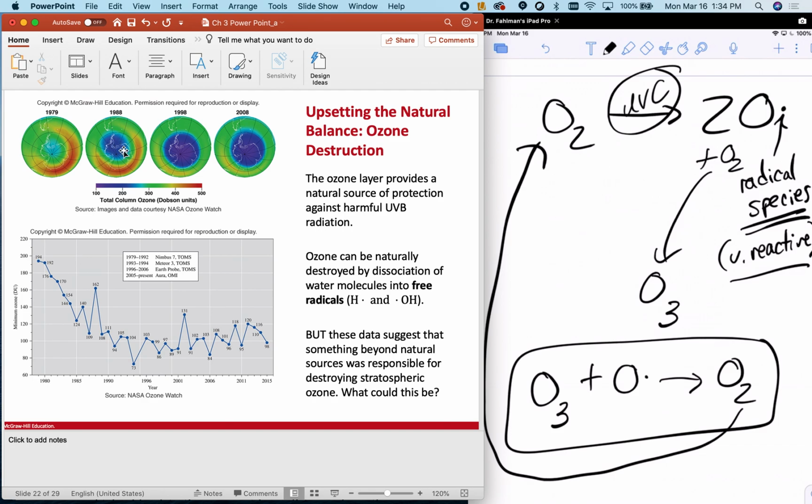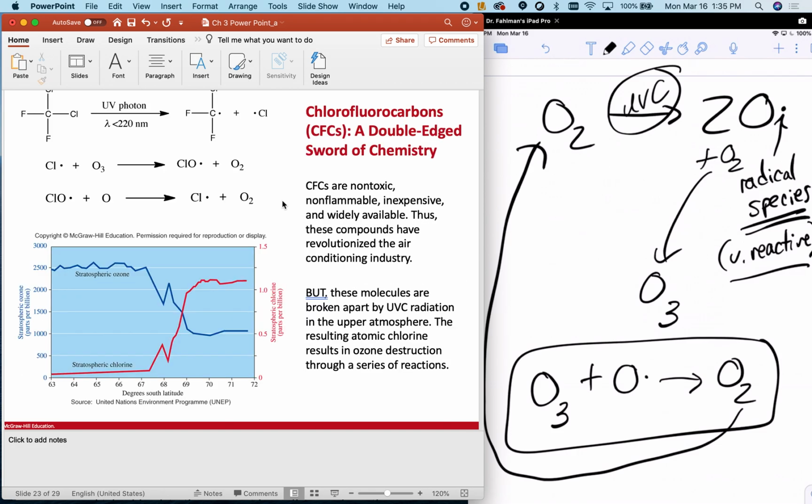So some scientific research started to find out whether there is something else in the atmosphere that's causing this depletion, and this really was the smoking gun evidence.